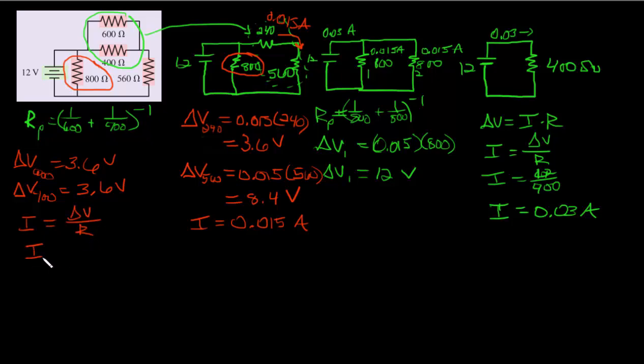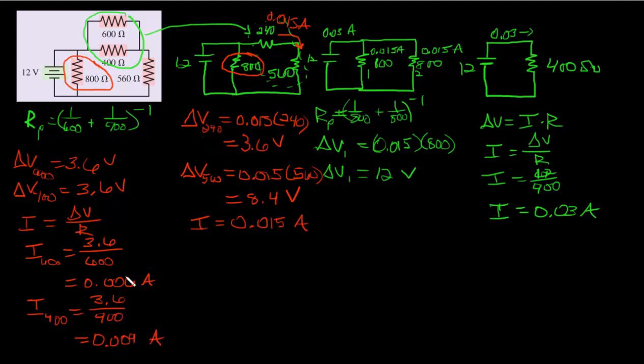So the current for the 600 equals the potential, 3.6, divided by the resistance, 600. And we get 0.006 amps. And the current, likewise, across the 400 would be 3.6 divided by 400, which gives me 0.009 amps. And if I add these up, I get my current coming across, which was 0.015.